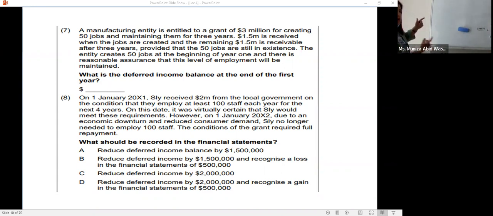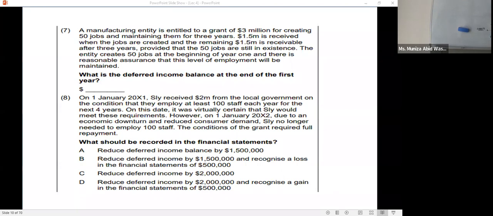And now at 1st January 2002, when we have come to know that we are not able to meet the requirements, are we going to reverse all of the grant or only the remaining 1.5 million? Only 1.5 million, that is 1,500,000, is going to be reversed. Yes, students?